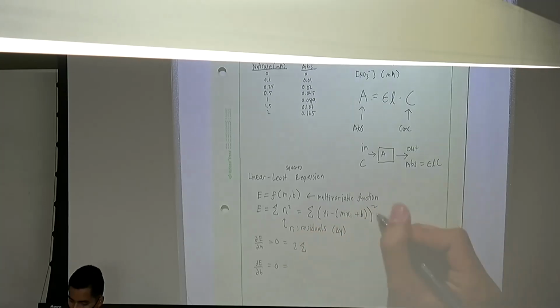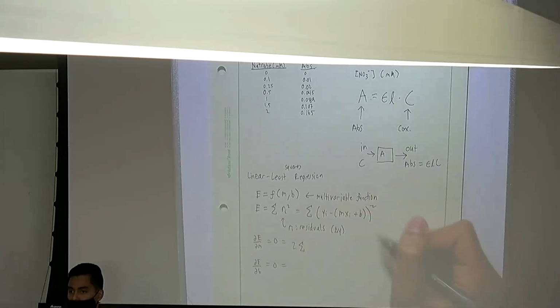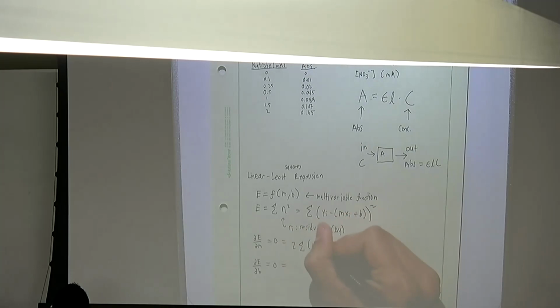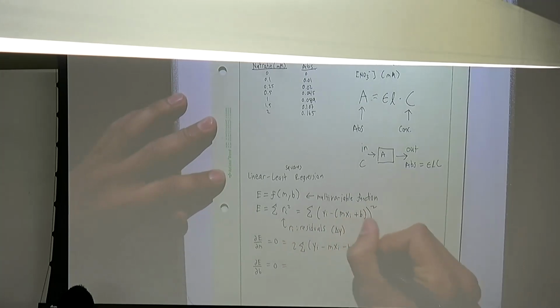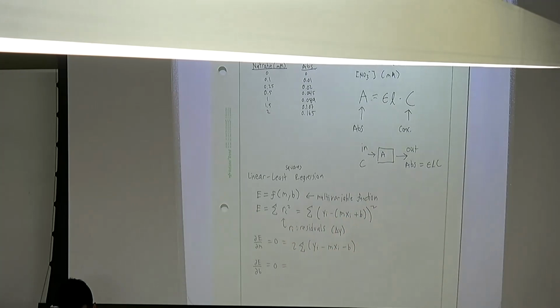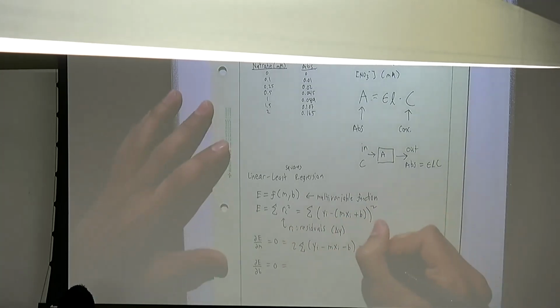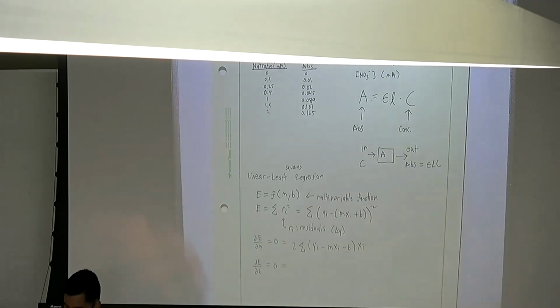Good. So we just treat everything else as a constant. We bring down the 2, just like single variable. We differentiate that. 2 yi minus. I'm going to distribute that negative. And then we multiply by xi, right? That's equal to 0.